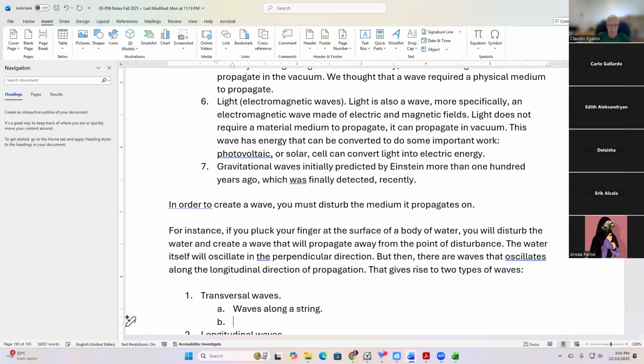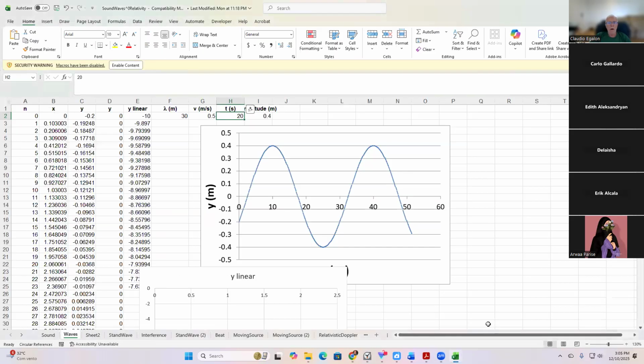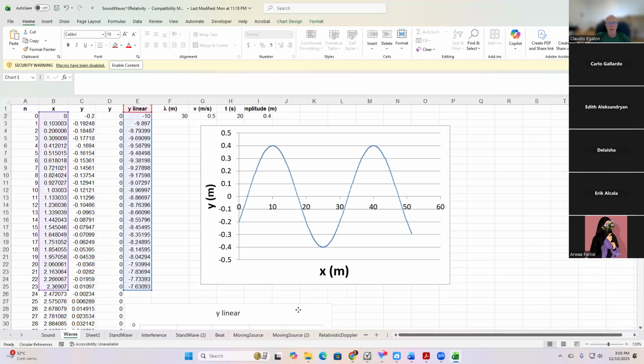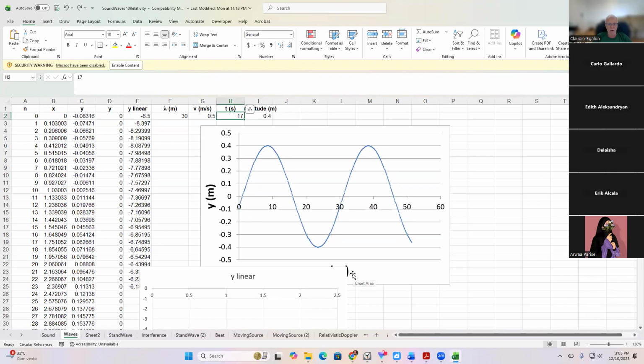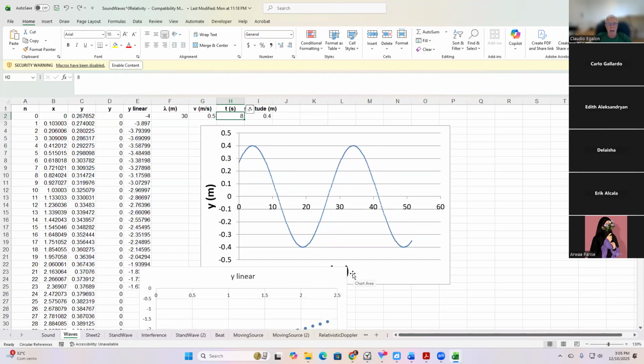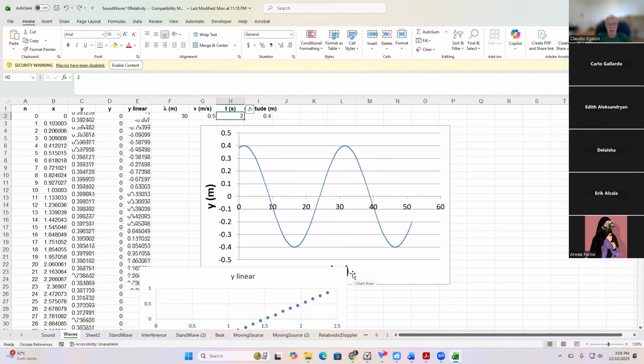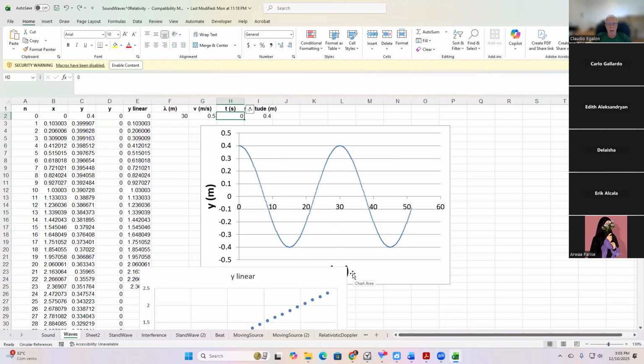Let's take a look at my simulation that we saw before. Here is my wave propagating along the string. Let me go back in time and run my simulation again.